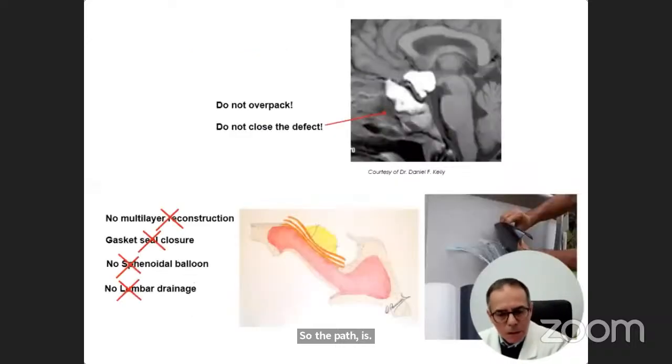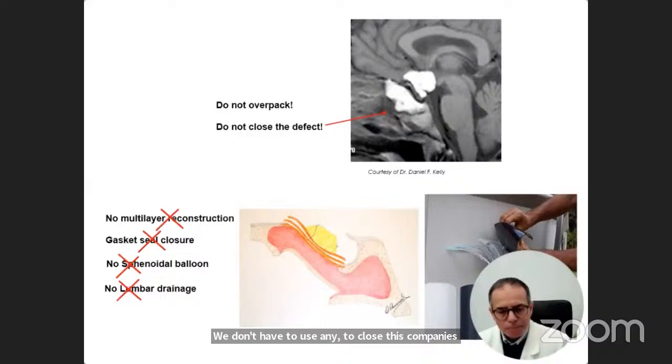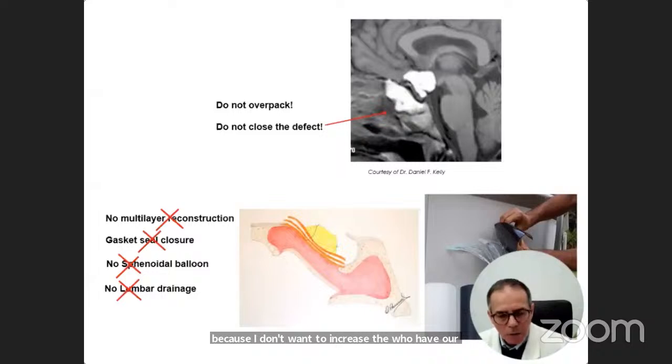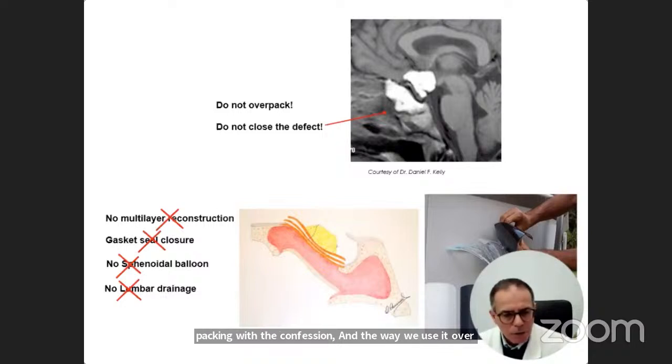One important thing is that when you use the fat to fill the surgical cavity, you don't have to use any rigid material to close the skull base, because otherwise you increase the risk of overpacking with compression on neurovascular structures. We have used over the years all these variations of the technique, from multi-layer, gasket seal, sphenoid ballooning, to lumbar drainage. All of these were unsuccessful.